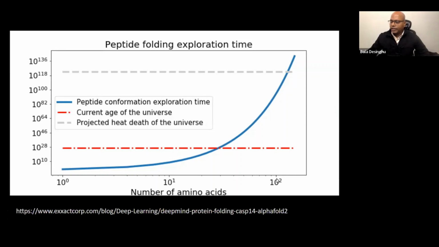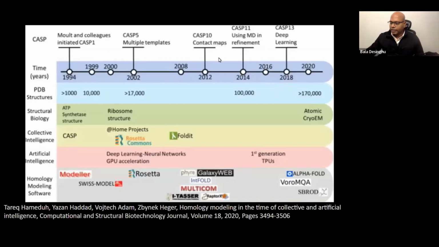If you have 100 amino acids and combine all their combinations, and try to explore their folding landscapes with a brute force method, it's not going to work. It exceeds the age of the universe or even the death of the universe. That's where all these methods are employed.